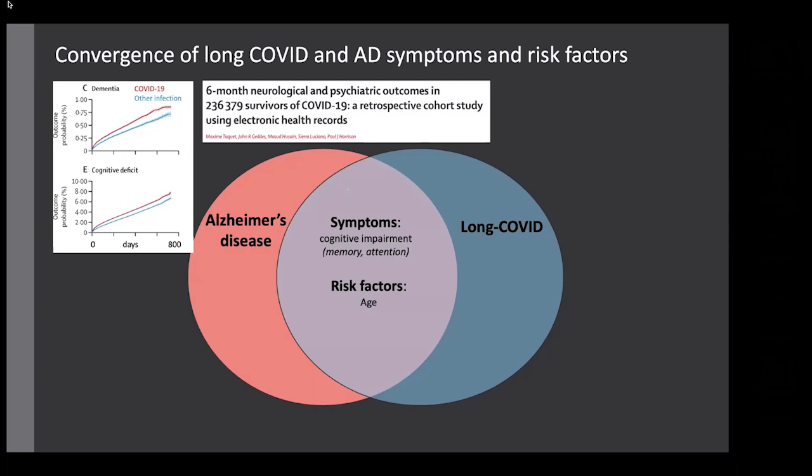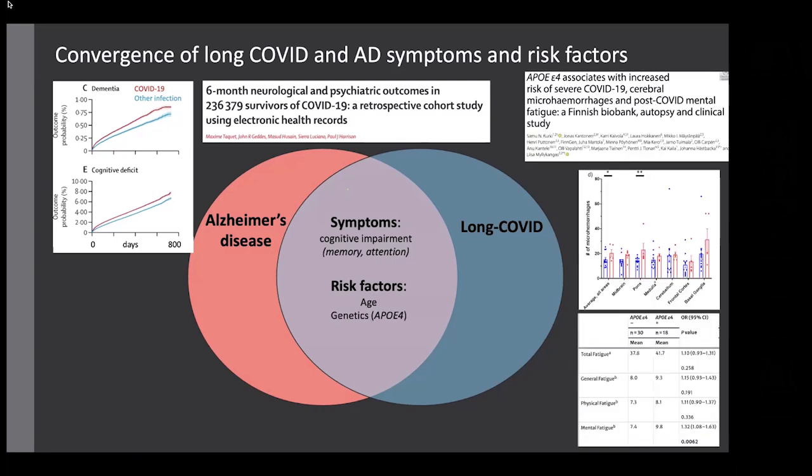And so this started raising an alarm in our minds and other groups that there could be kind of this synergy between the long-term effects of COVID and risk for Alzheimer's disease or other dementias. Kind of supporting that hypothesis, studies came out showing that ApoE4 carriers were at greater risk for severe COVID-19 infections, as well as complications like brain microhemorrhages.